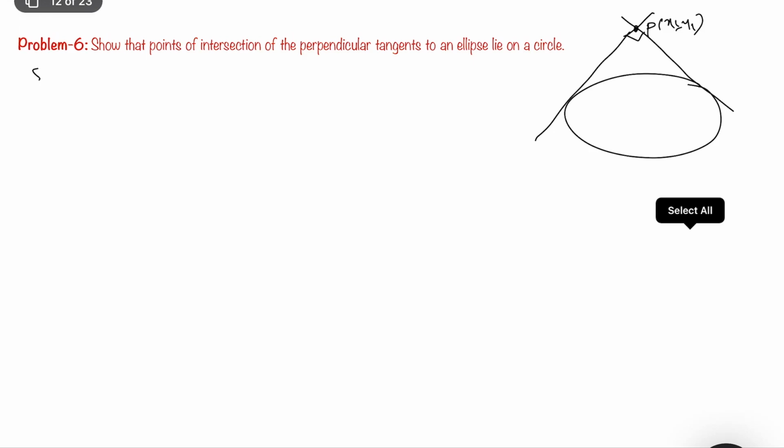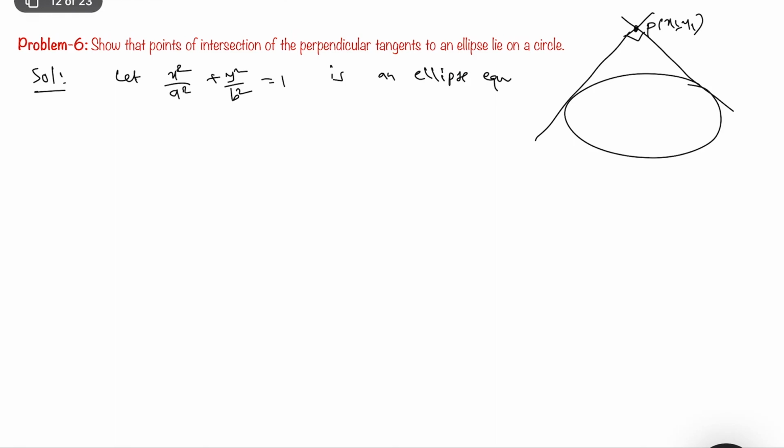First of all, let me consider a standard ellipse equation. Let x square by a square plus y square by b square equal to 1 be the ellipse equation. Let me call it 1.